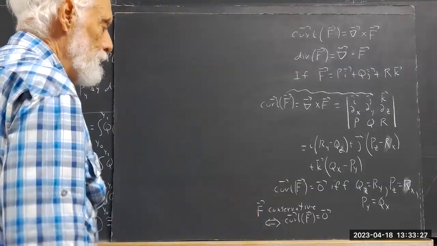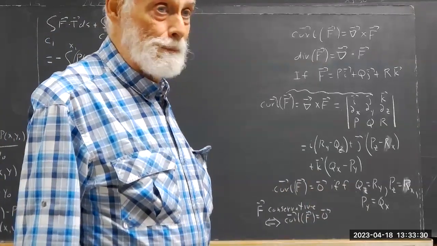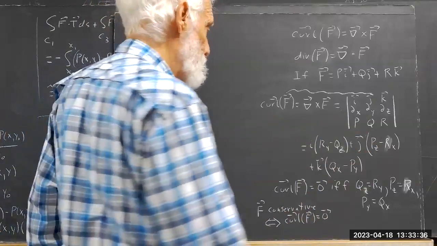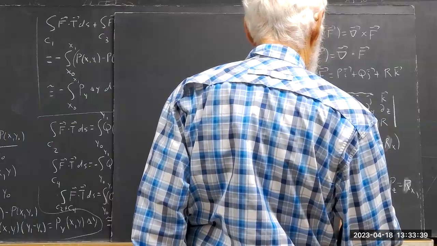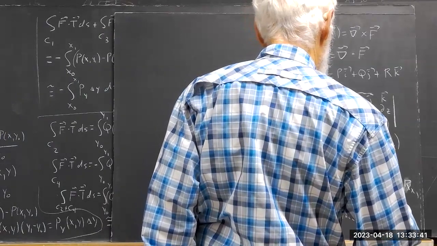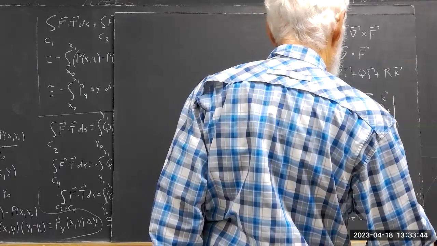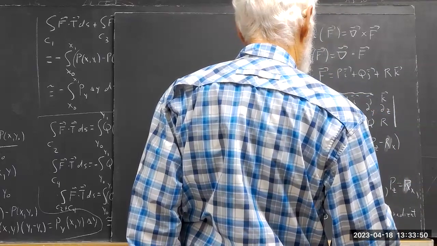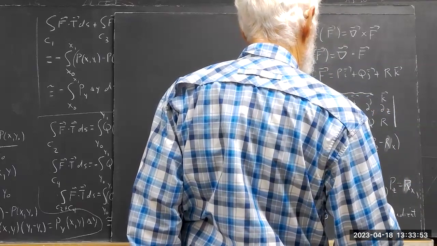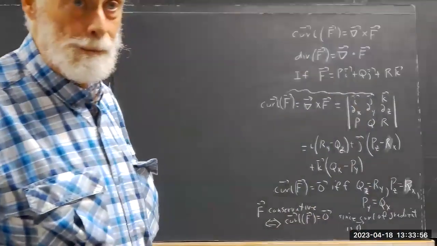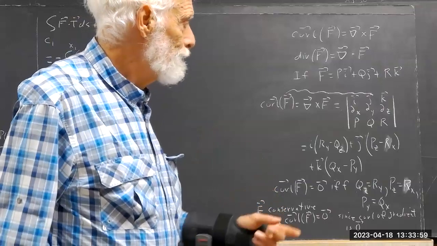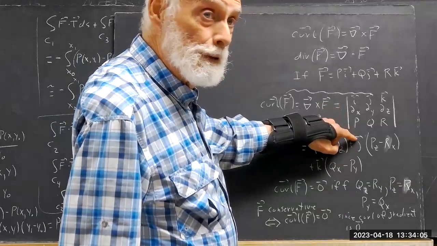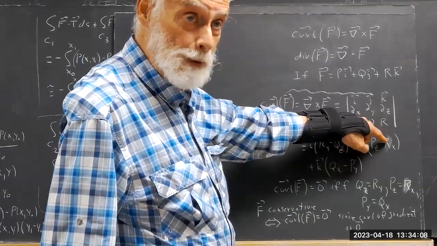What this says is, well, if F is conservative, then it's a gradient. And it's easy to prove that the curl of a gradient is zero. You just write that out. The curl of a gradient would be like the curl of partial of f with respect to x, partial of f with respect to y, partial of f with respect to z.